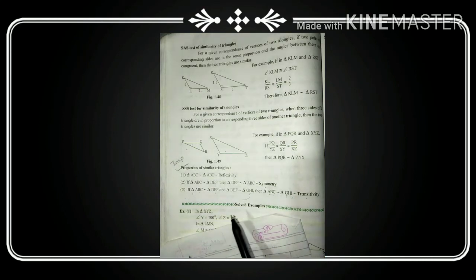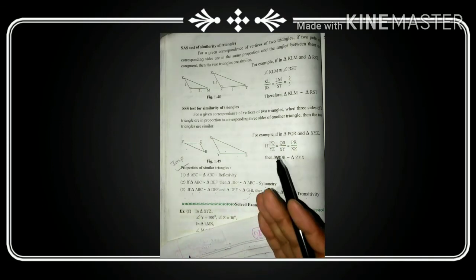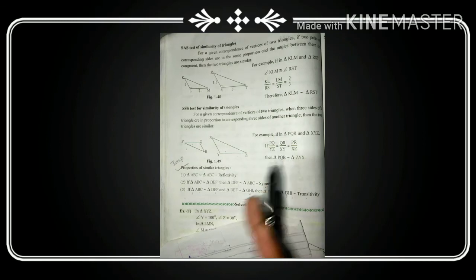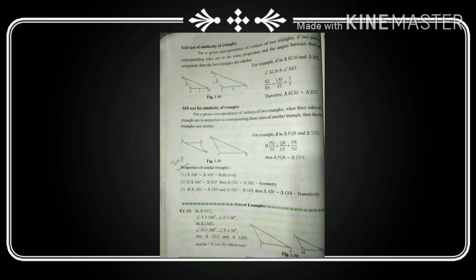In this transitivity property, the first triangle is similar to the second triangle, the second triangle is similar to the third triangle, and hence the first triangle is similar to the last third triangle. And hence the theoretical part is completed. Students, then going to practice set 1.3.